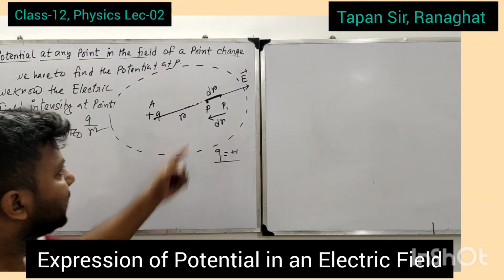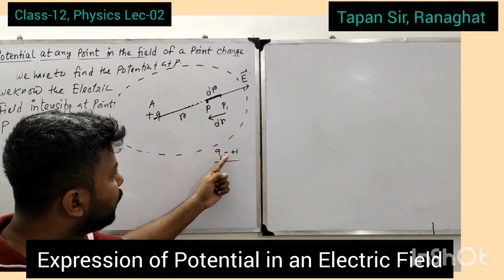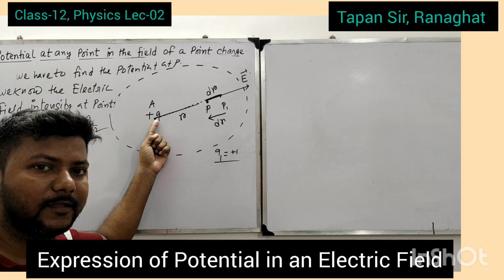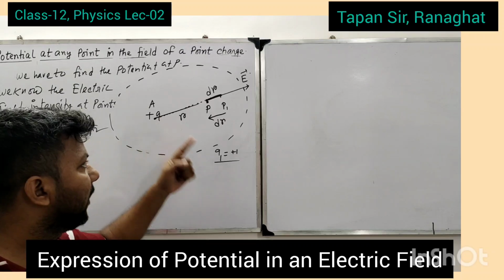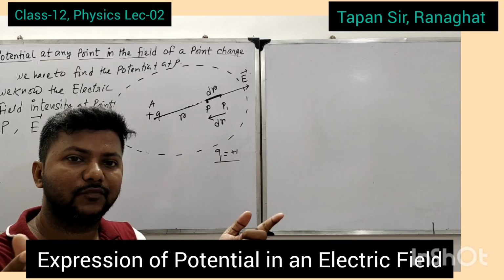Now see, this is point charge. So if there is a point charge Q1 and this is point charge Q, what happened? There is a force, because if two charges are kept at a distance, then there is a mutual force.